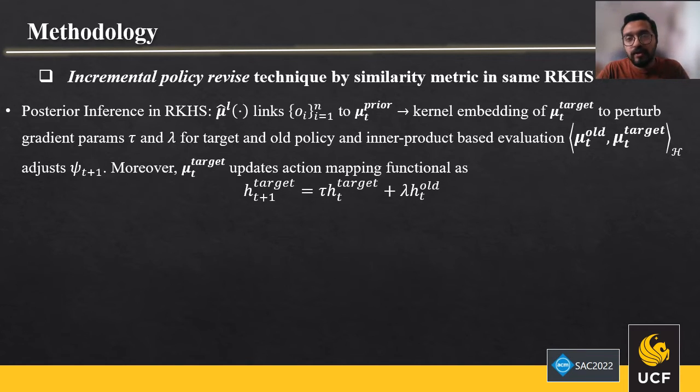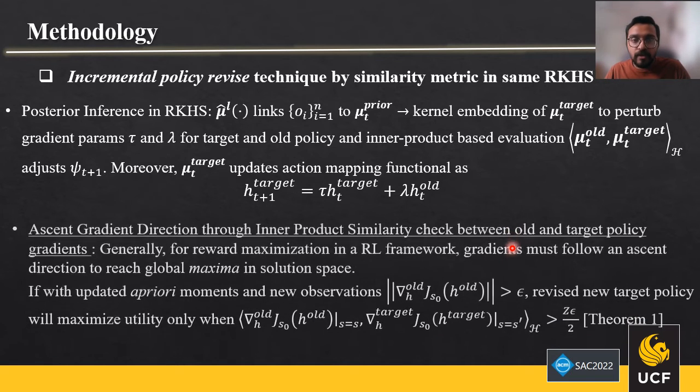And the inner product based evaluation between mu t old and mu t target perturbs the confidence impact, that is psi t1. That psi t1 represents our confidence, or the belief, on the non-stationarity happening in the environment. And through this mu t target, we also update our target mapping functionals.